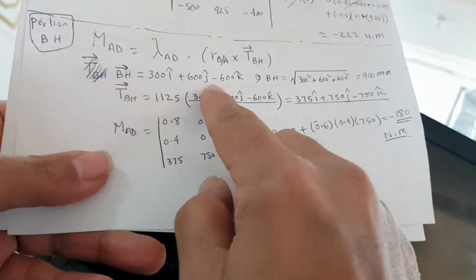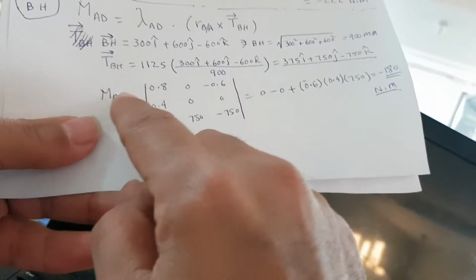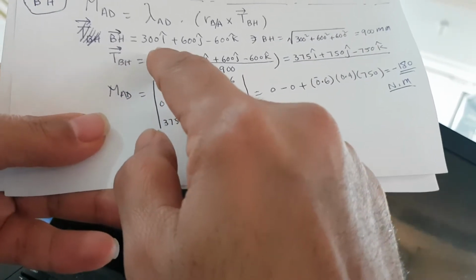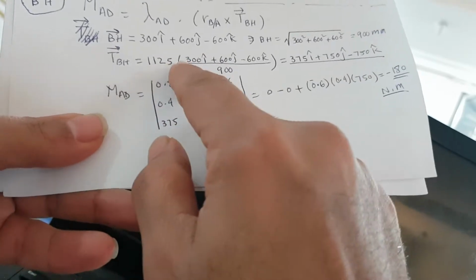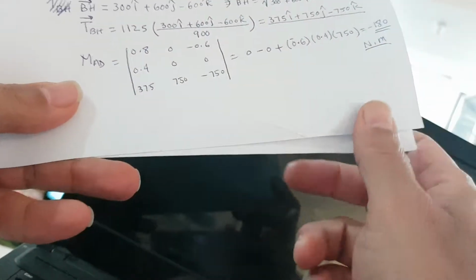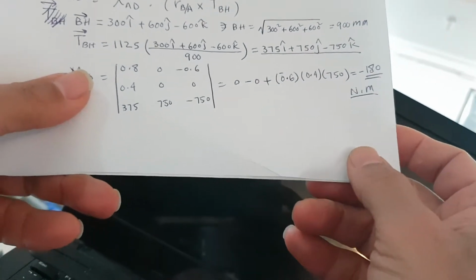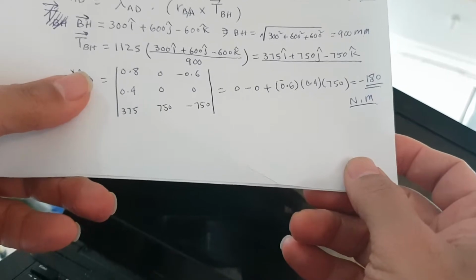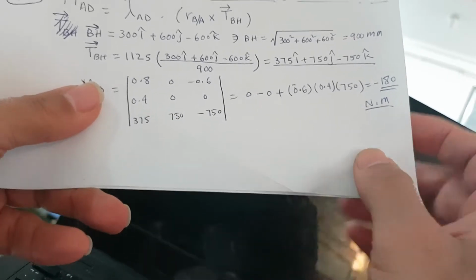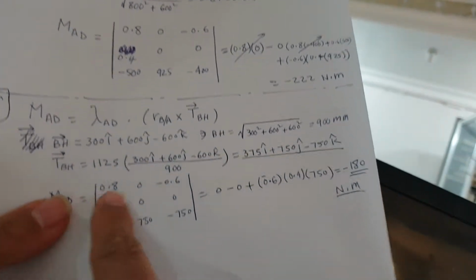You have to find the magnitude, and then find the T_PH vector form, PH over the magnitude, and then you should find the lambda. Lambda, we have it here, 0.8, 0 and minus 0.6. AD doesn't change.